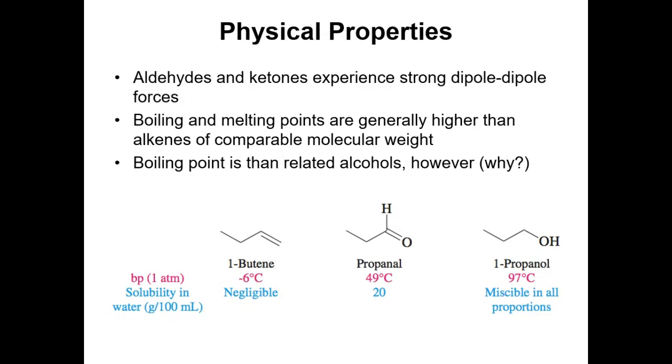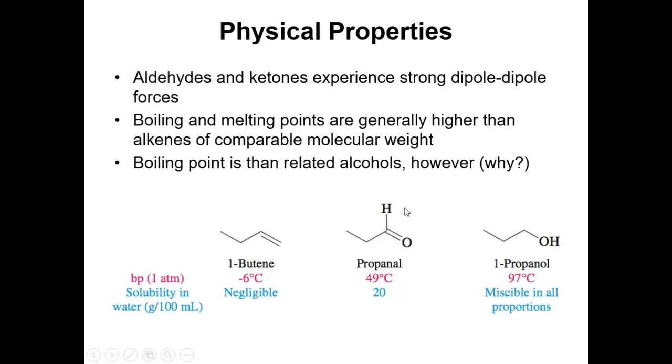And the permanent dipole interaction usually is sizably stronger than induced dipole interaction, not dramatically stronger, but sizably stronger. So that leads to a boiling point about 50 degrees higher.